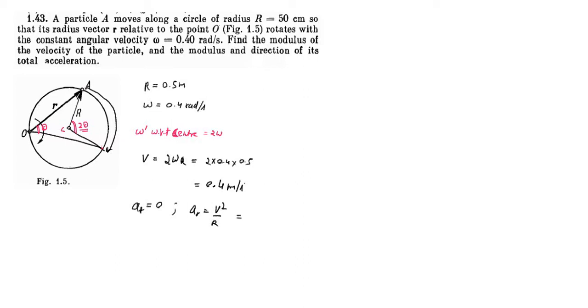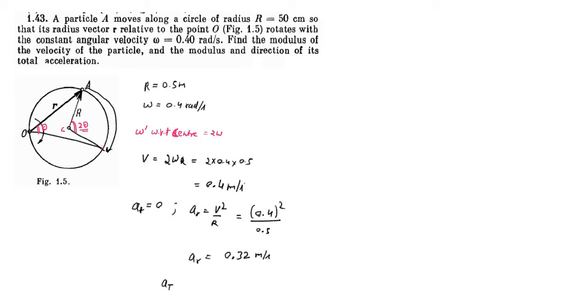So radial acceleration will be equal to v square by r. So this will be equal to v square, the value of which is 0.4 whole square, divided by radius, which is 0.5. So this will be equal to 0.32 meter per second square. This is radial acceleration. Its total acceleration is towards its center.